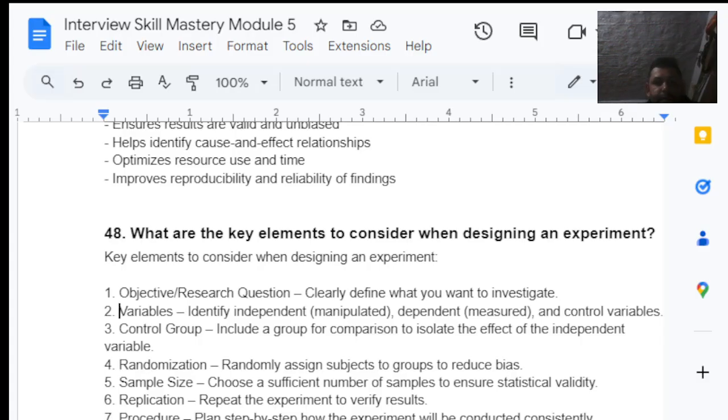Ethical consideration is to ensure that the experiment meets ethical standards, especially with human subjects. And analysis plan: define how the collected data will be analyzed to answer the research question.